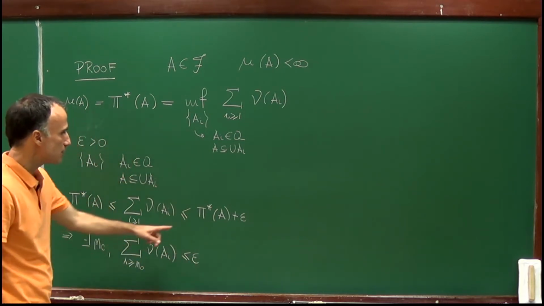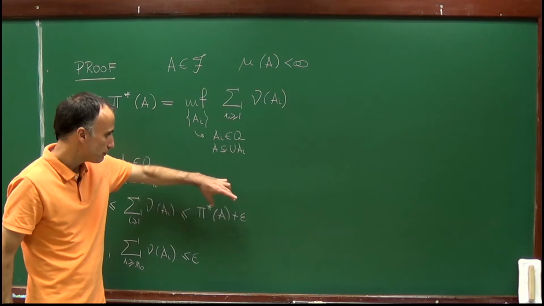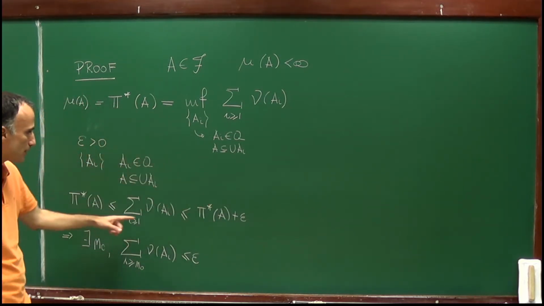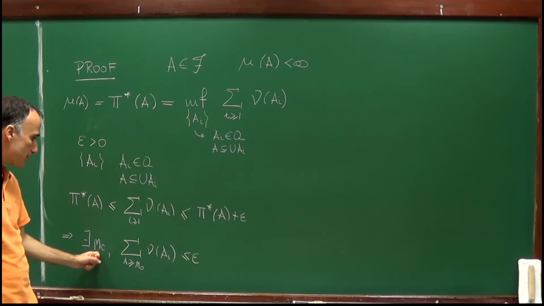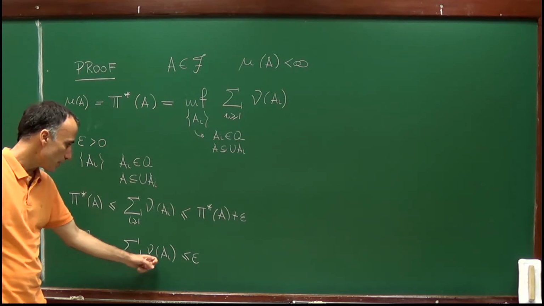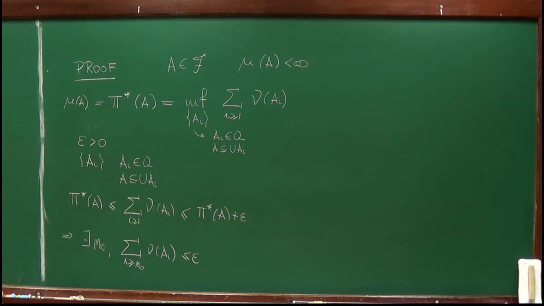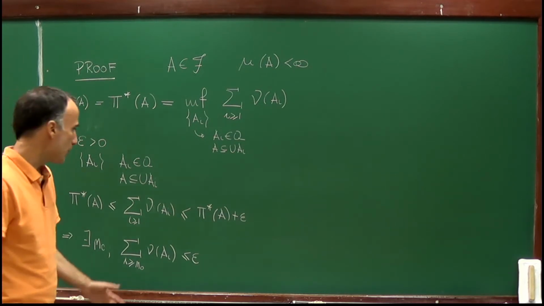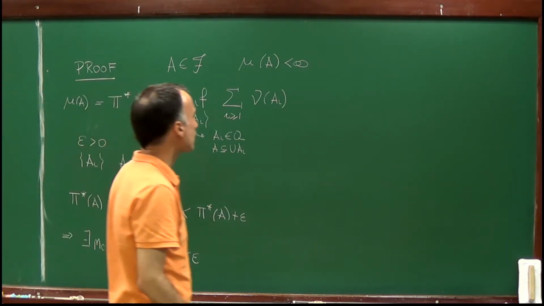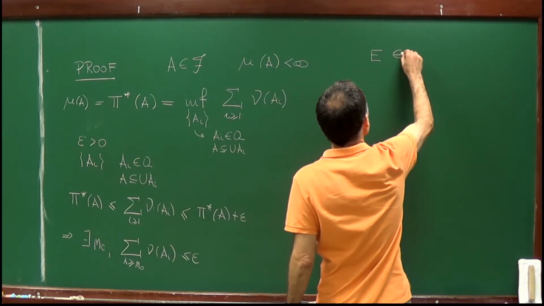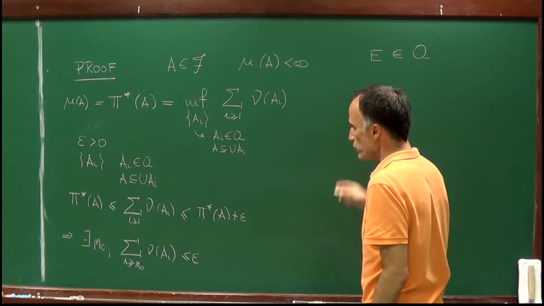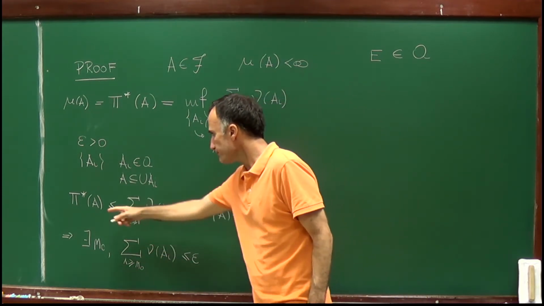So P star of A is finite, therefore the right hand side is finite, which means that this sum is finite, and therefore we can find an index starting from which the sum is bounded by epsilon. So now we have our candidate E. It will be an element of the algebra which approximates A.